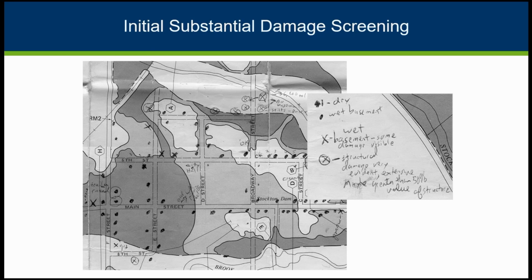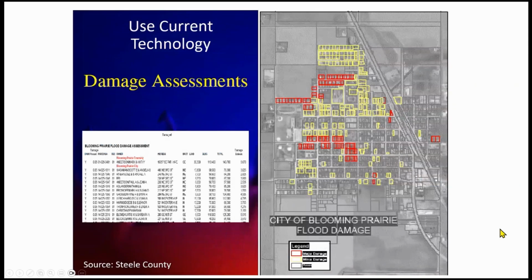This is a situation in a small town where our area hydrologist and the city clerk or administrator went out there and looked at the damage and marked up a version of the FEMA map here. But nowadays we definitely have more technology and can get that information into GIS and be sharing it within the community, within the county, with the state Homeland Security emergency managers.